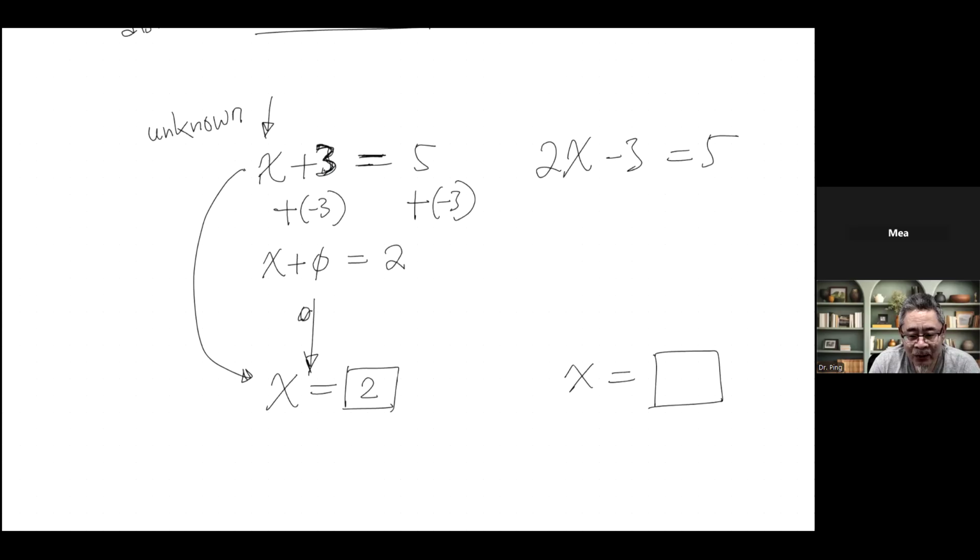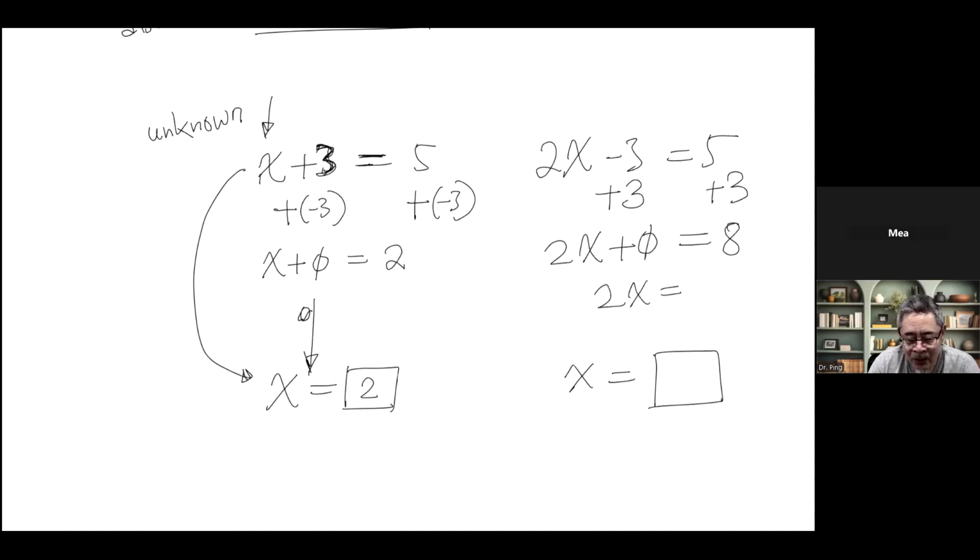In this case, we want to move 3 to the right side, which means we're going to add its opposite. This way we get 2x plus 0, and we get 8 on this side. Well, we know anything adding 0 just stays the same. So we get 2x equals 8.